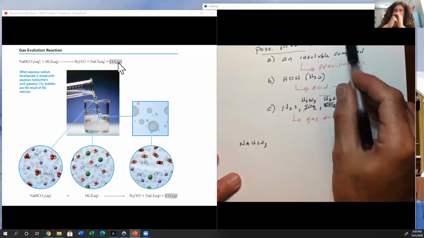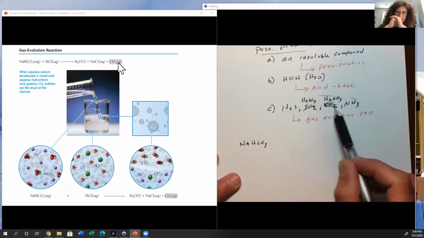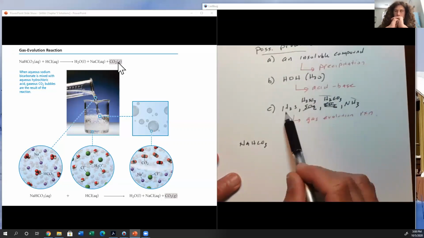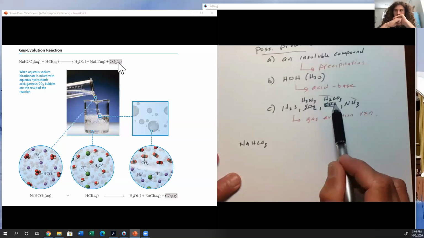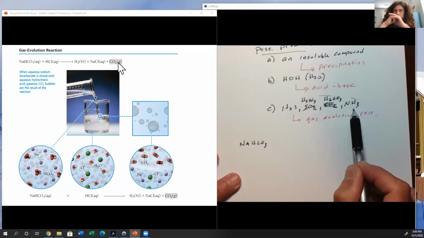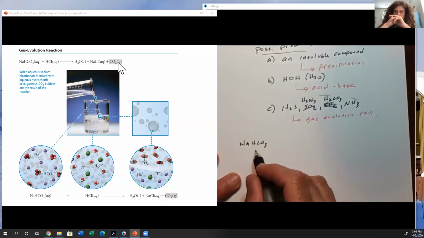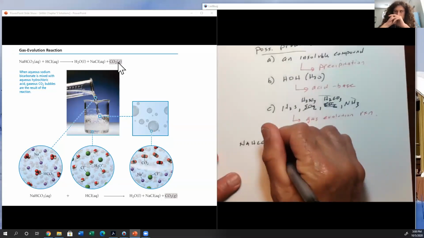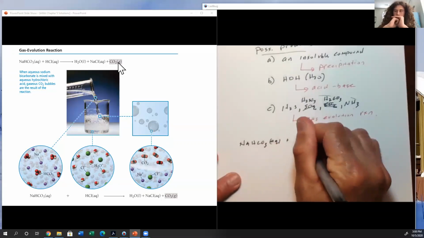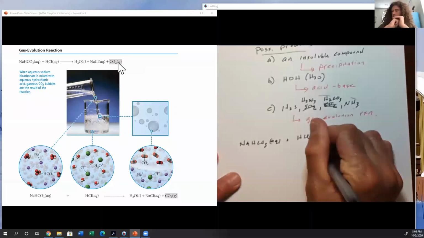If AY or BX is any of these four things, H2S, H2SO3, H2CO3, or NH3, then we have gas evolution. So for example, here I have NaHCO3 aqueous plus HCl aqueous.